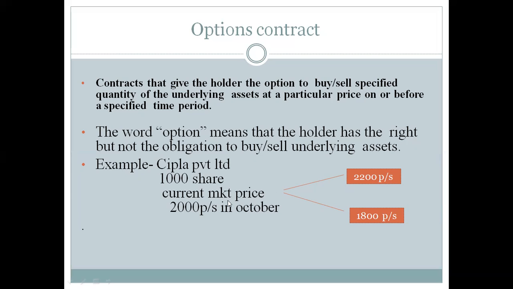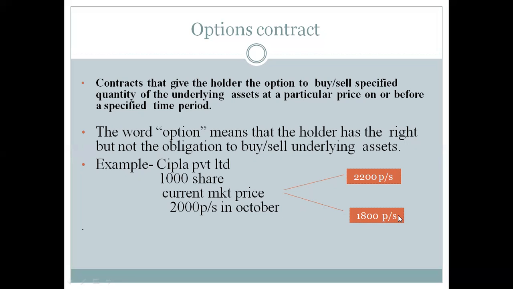There is one more chance that in the month of October the price may go down, from 2000 per share to 1800. If it goes down to 1800, we will be losing 200. The question is, are we going to exercise this contract? The answer is no. Why? If we exercise this contract, we will be losing 200 rupees per share.